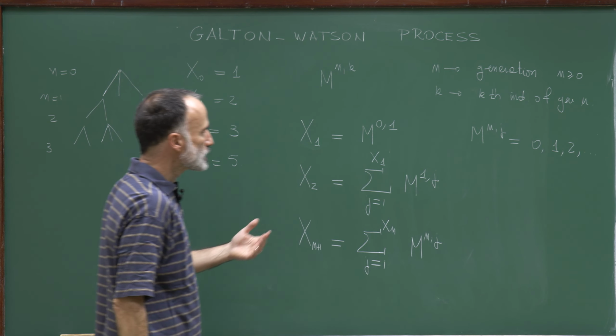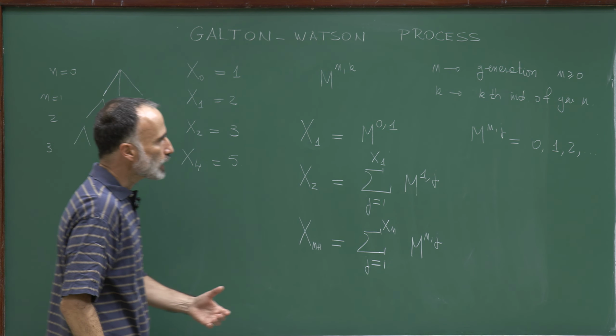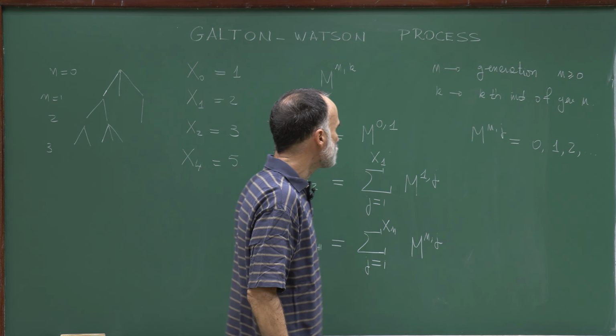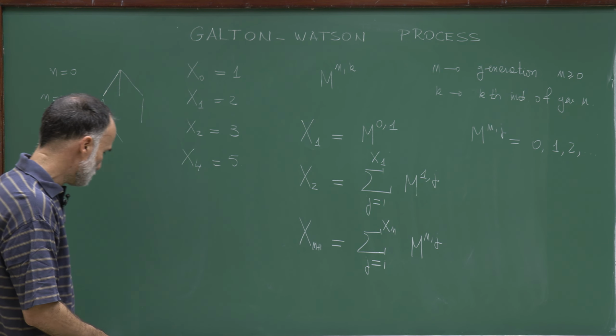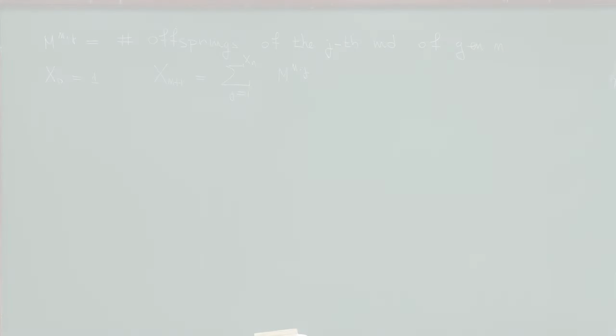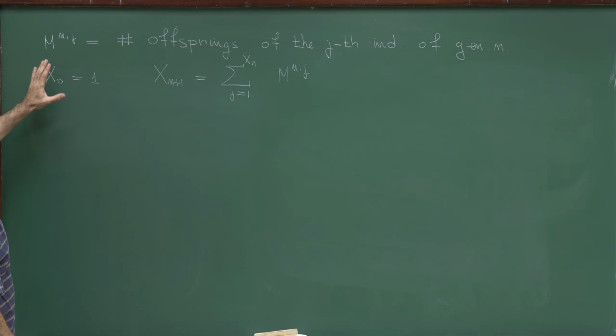So, in my next take, I will introduce the model, and the model consists in assuming some hypotheses on these variables m_{n,j}. So I just rewrote here the definition of these variables.